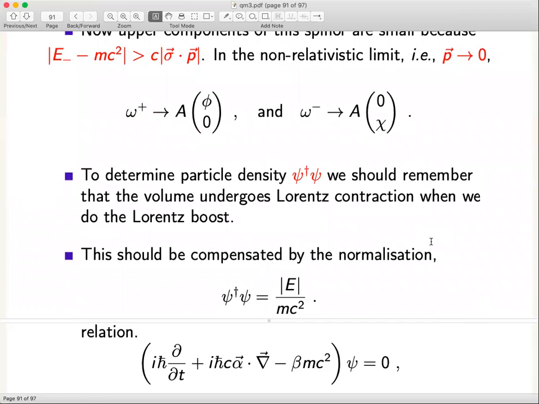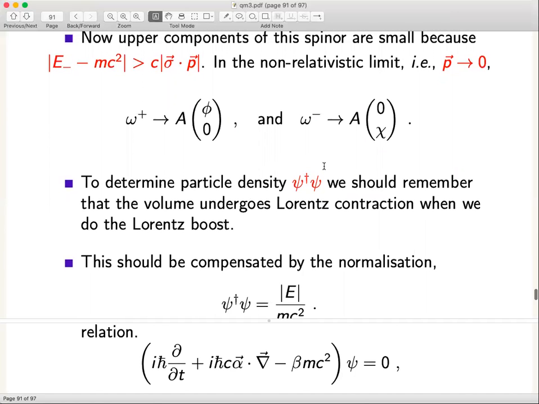If you want to determine particle density, which is related to psi dagger psi, we should remember one thing: a quantity like this has to be defined with respect to the volume, and the volume itself undergoes Lorentz contraction when you do a Lorentz boost. So you have to normalize psi dagger psi in the correct way.